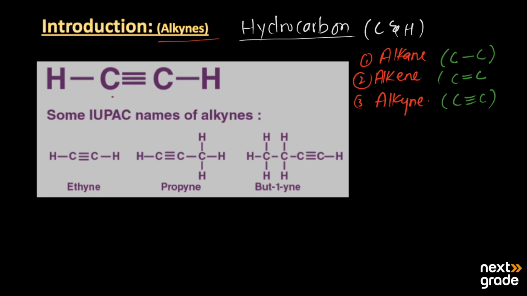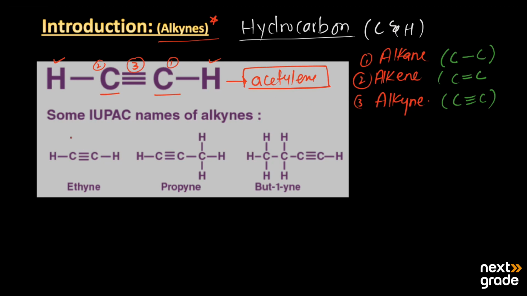You can see that we have two carbon atoms with a triple bond between them, and one hydrogen is attached to carbon number 1 and the other to carbon number 2. So this is the first member of the family of the alkynes. This is also known as acetylene. So the alkynes are also known as acetylenes because their first member is named acetylene.